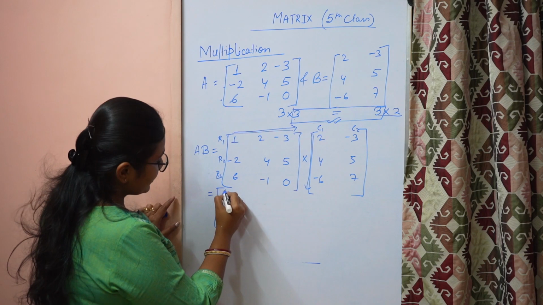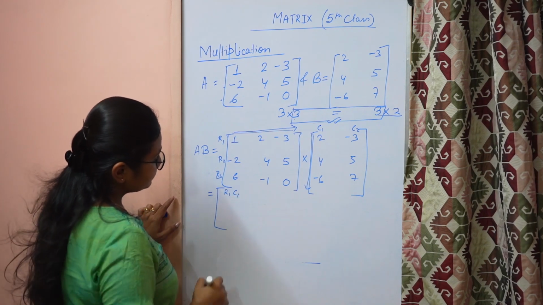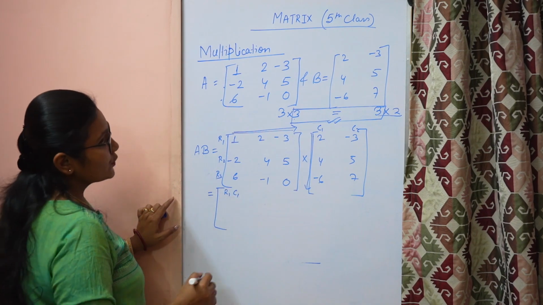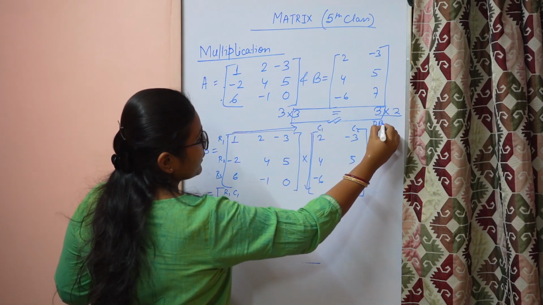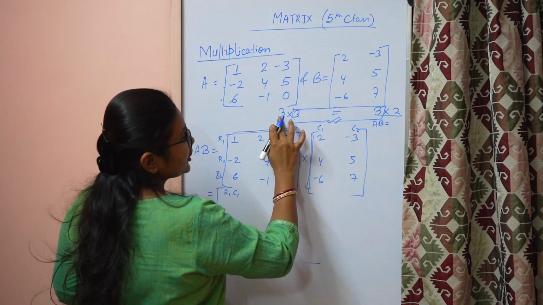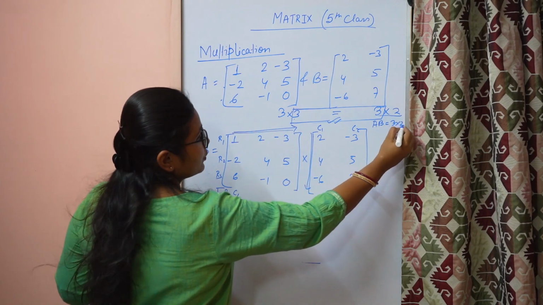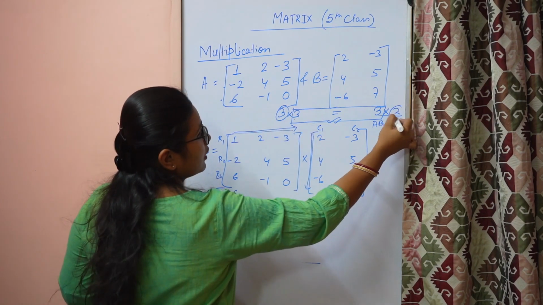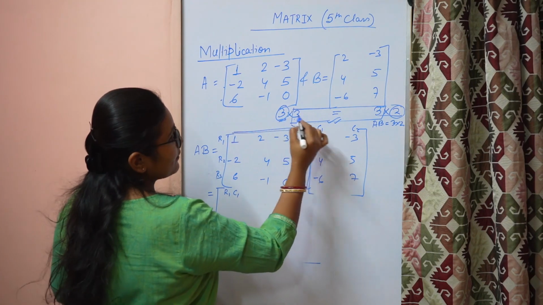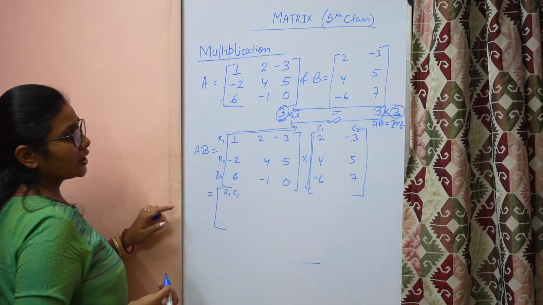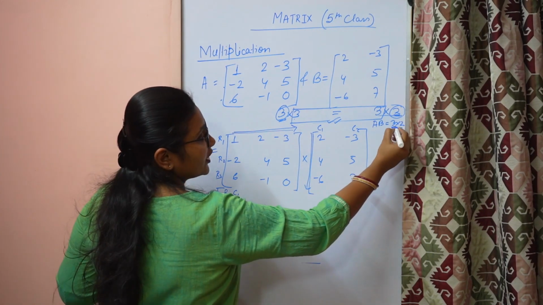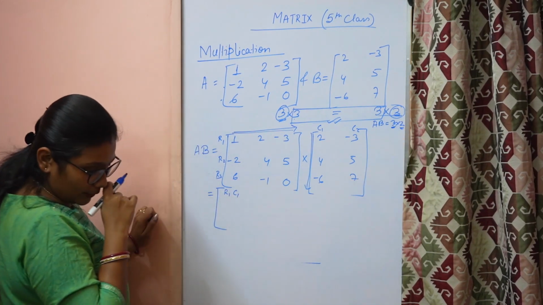The order of the required matrix is 3 cross 2, taking the parts which are not common: 3 rows and 2 columns.